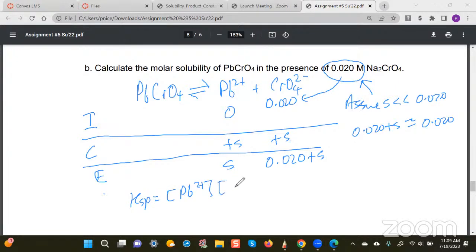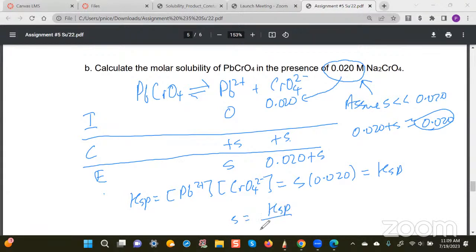So therefore, we can write down the KSP expression, which is the same as before, Pb2 plus concentration times CrO4 2 minus concentration. But this time, you're going to have S here for the lead 2 plus multiplied by the 0.02, right? And that will be equal to the KSP. So that means that S would be equal to the KSP divided by 0.020.